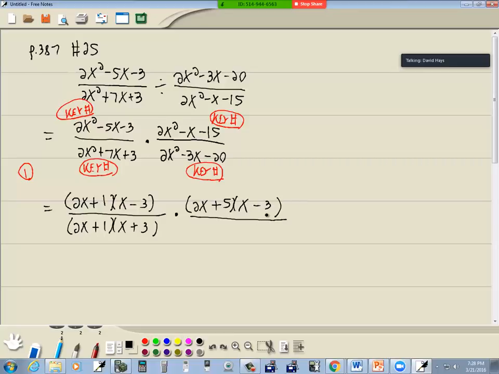The top of the second fraction becomes 2x plus 5 times x minus 3. And the bottom of the second fraction becomes 2x plus 5 times x minus 4.